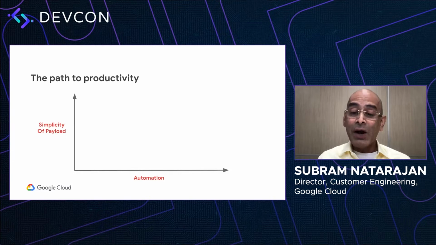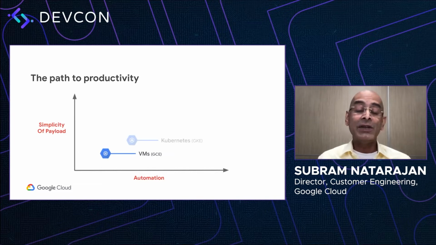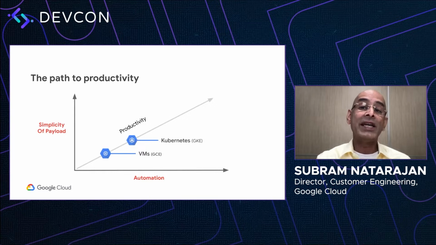Now, Google Cloud offers you the choice regardless of whether you are managing your applications or infrastructure. From deploying and running virtual machines, with Compute Engine that we all have come to use more regularly, or even containers in Kubernetes Engine. And containers are very common these days.